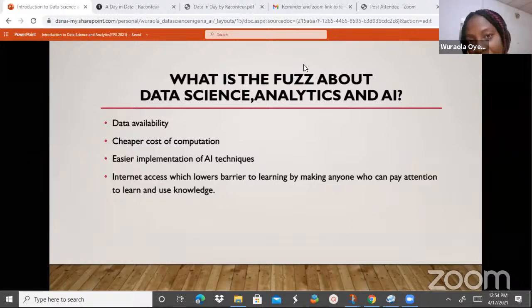And then internet access. I talk about how the internet has changed everything: the access, the leverage, the platform. The way it works in AI, I don't know if anybody knows anything about GPT-3.